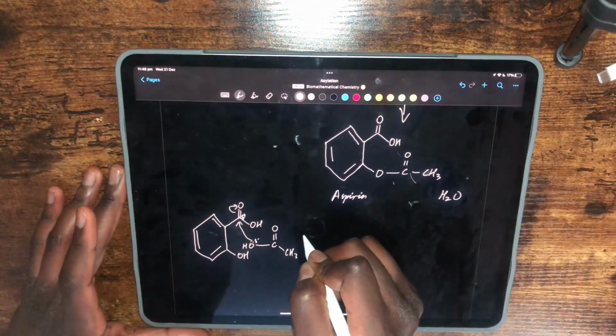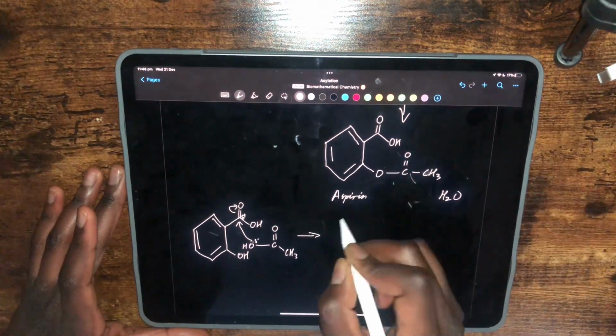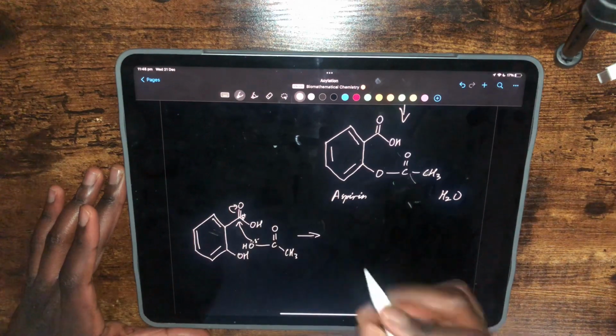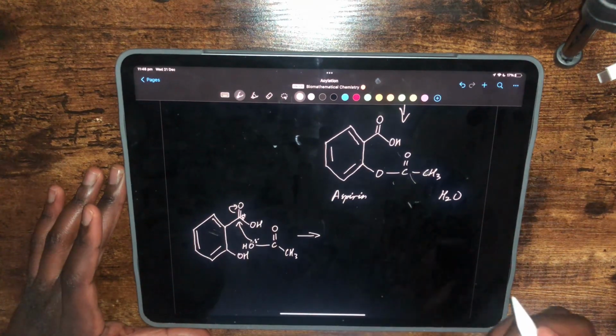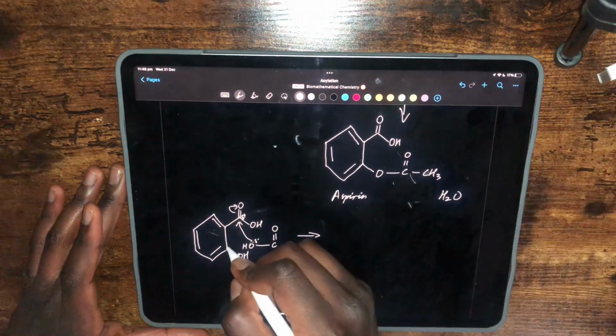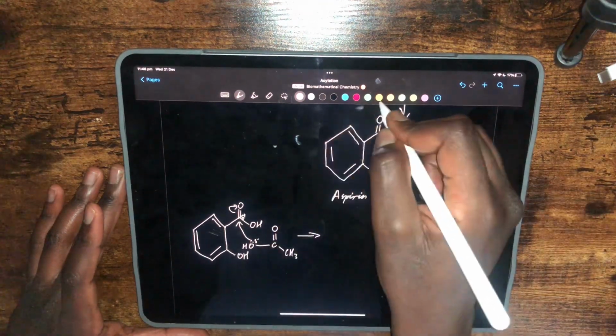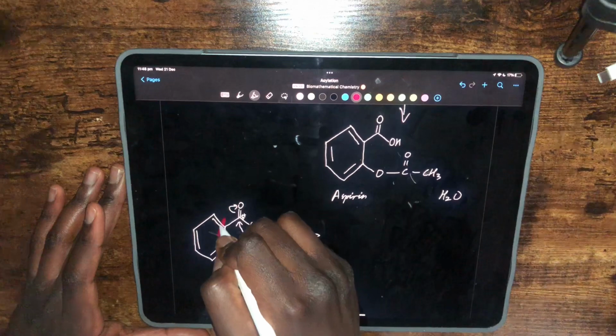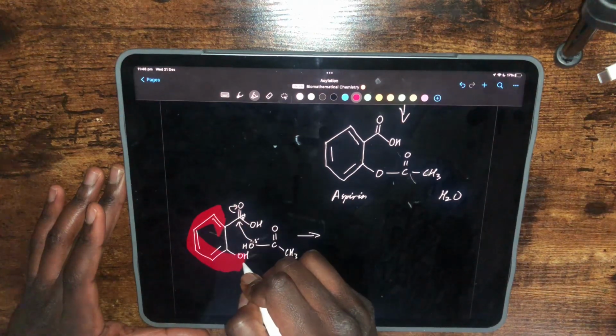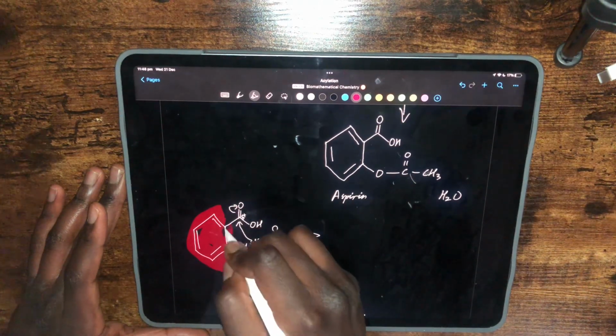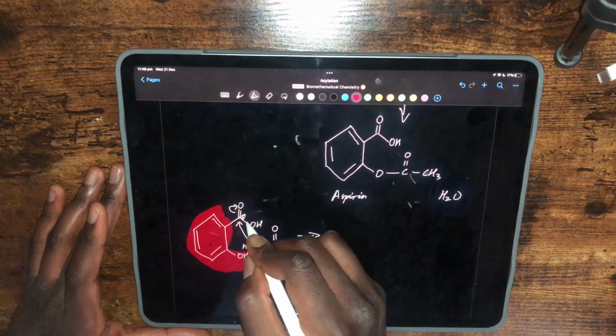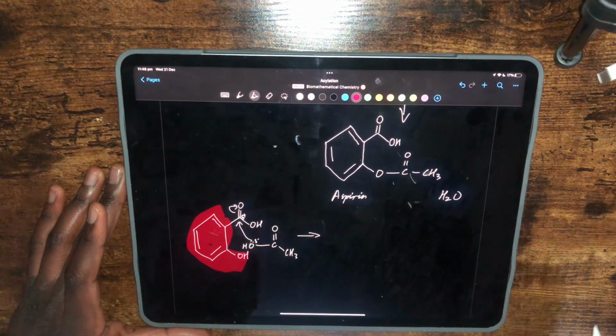When that happens, you then have, this is better. For the sake of it, should I just call it R? Technically I can call everything from here R, because it's not involved. This is the only part here that's actually involved in our reaction.